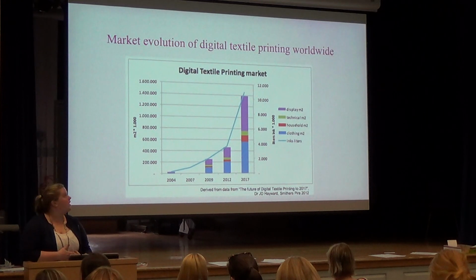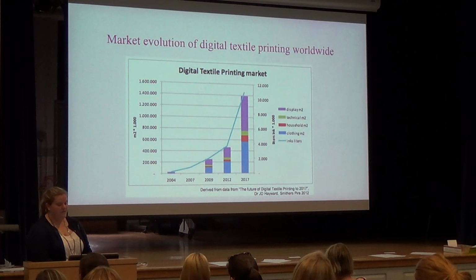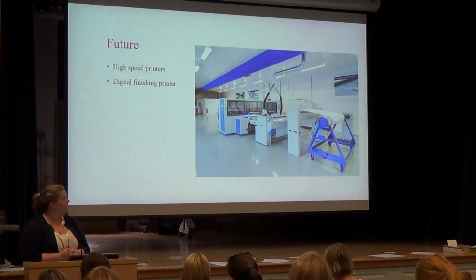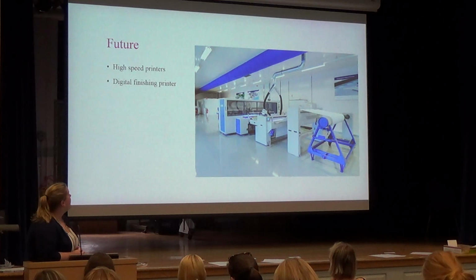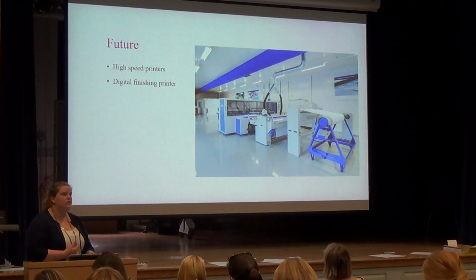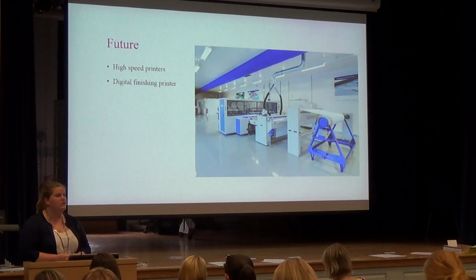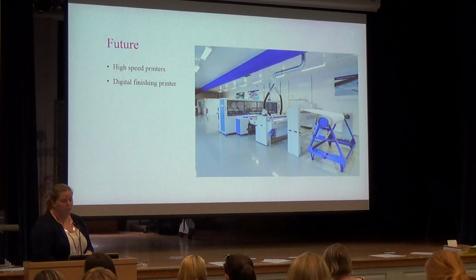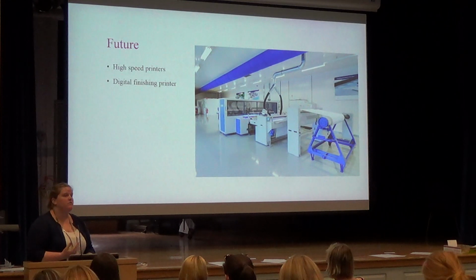And the future. The future will be bringing us high-speed printers that are readily available now. In June 2013, Tenkata released a digital finishing printer, with which you can print UV technology, and you can print fire resistance and permethrin, which is really good for the Army.